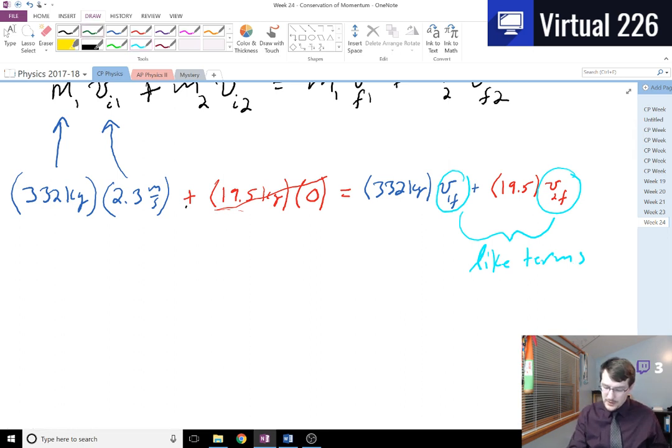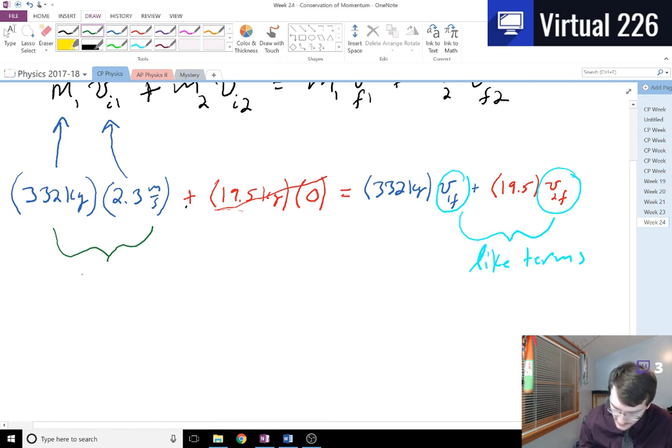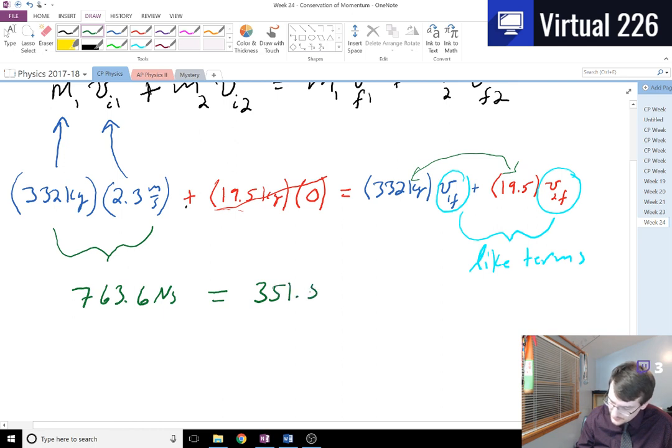So if we work out this problem starting with the left side here, this 332 times 2.3 is going to give us 763.6 Newton seconds plus 0, so we're just equals, and 332 plus 19.5, because I can add these terms together. That's going to give us 351.5 times the final velocity of the shark scuba combo.